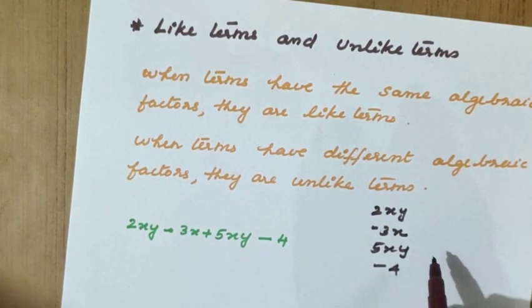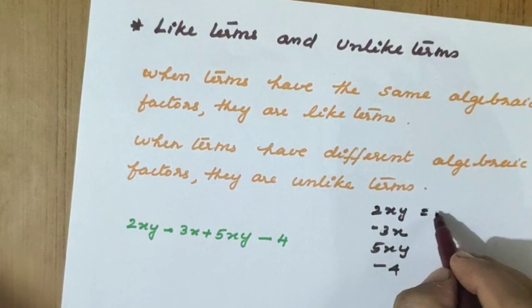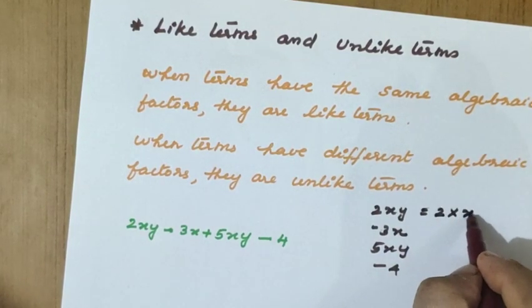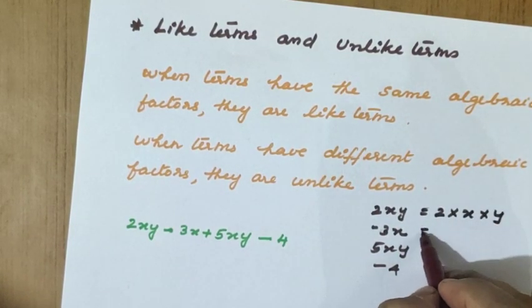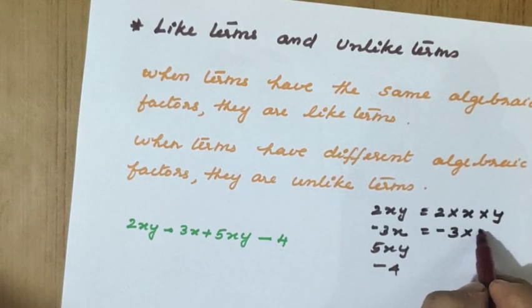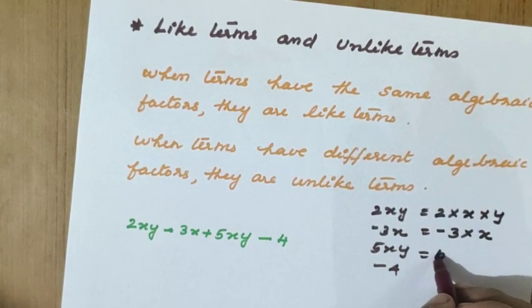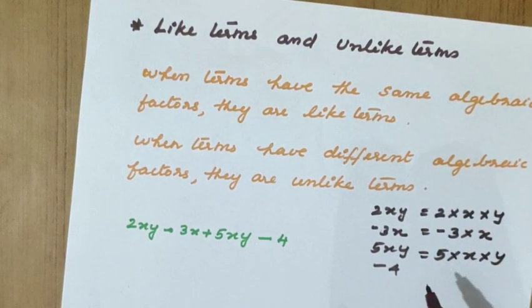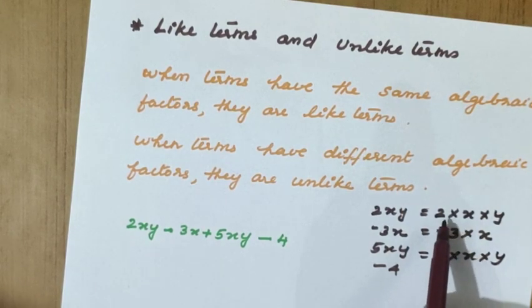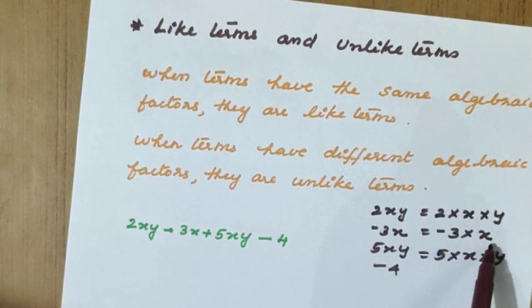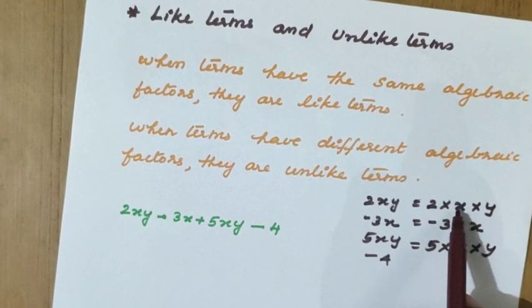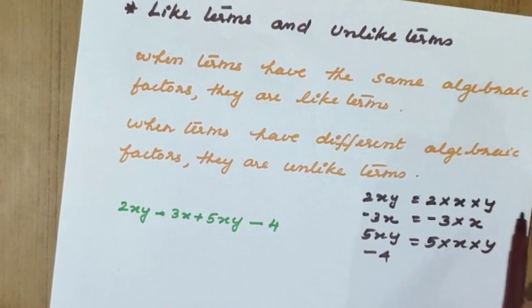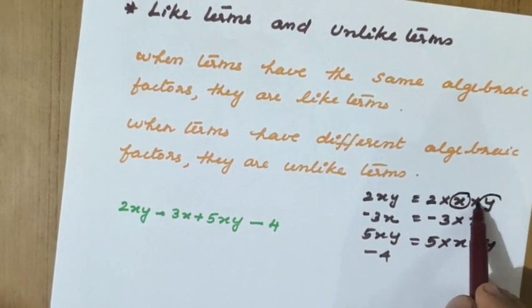Now when you compare, how are you getting 2xy? 2 into x into y. For getting minus 3x, minus 3 into x. Similarly, 5xy is 5 into x into y. This minus 4 we will consider as a constant only, right? So we have got three terms: 2xy, minus 3x, 5xy. In these three terms, you identify which are the algebraic factors. For 2xy they are x and y.